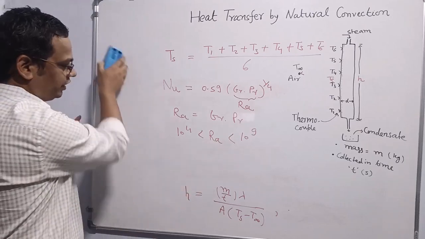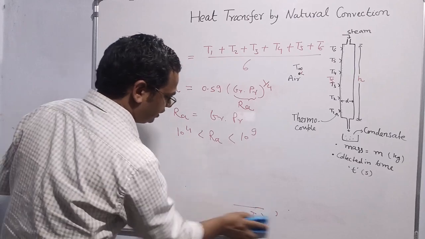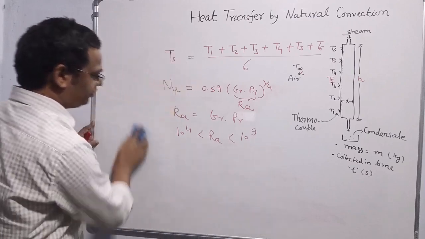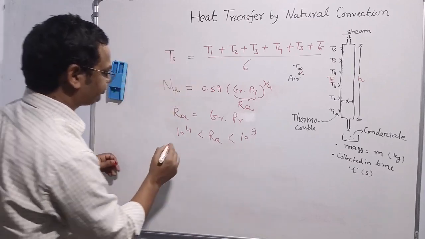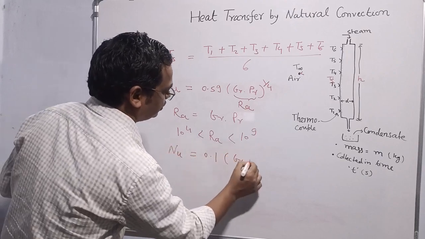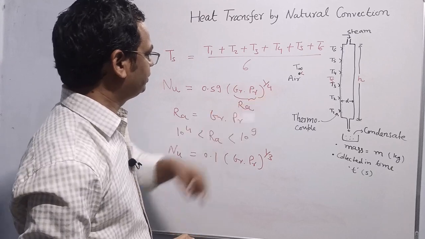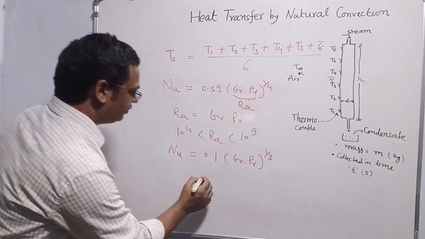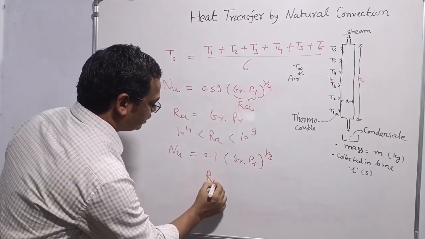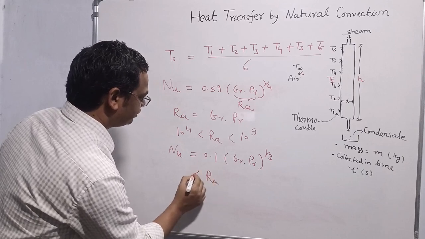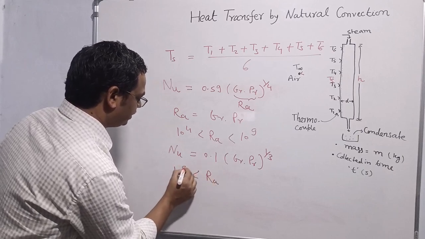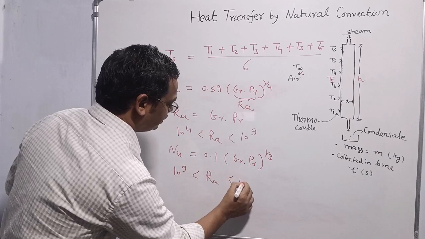If we have a turbulent flow, then we have a different correlation, a little bit different, not much. Here the power is 1 by 3; here the power is 1 by 4. And for this, Rayleigh number lies between 10 to the power 9 and 10 to the power 12.